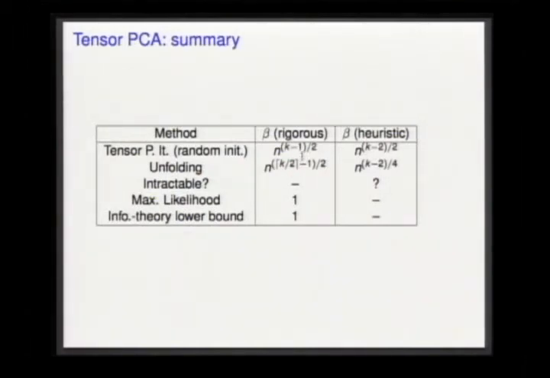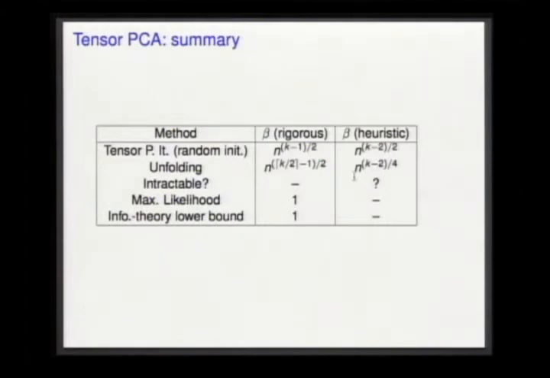So both these bounds, we prove them rigorously, kind of loose bounds, but we have heuristic arguments to believe that the true values of the bounds should be these ones. We don't have a rigorous proof for them yet.